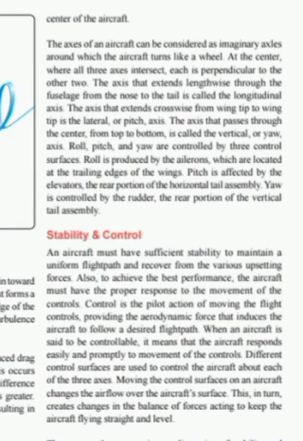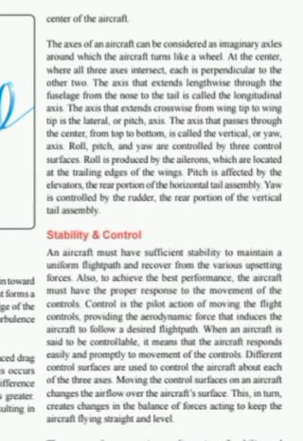Stability and control. An aircraft must have sufficient stability to maintain a uniform flight path and recover from the various upsetting forces. Also, to achieve the best performance, the aircraft must have the proper response to the movement of the controls.